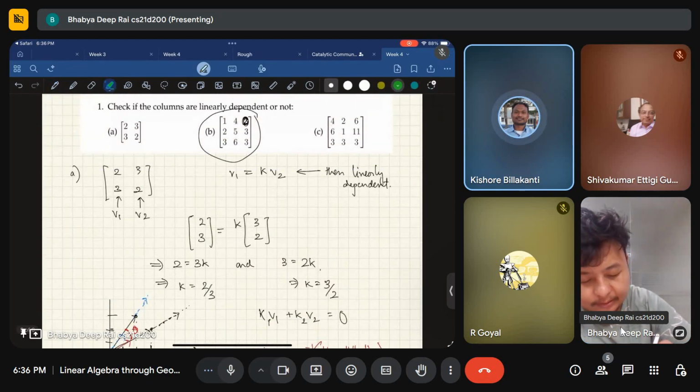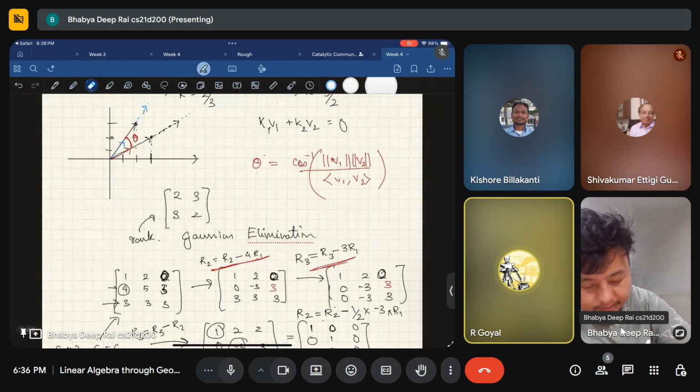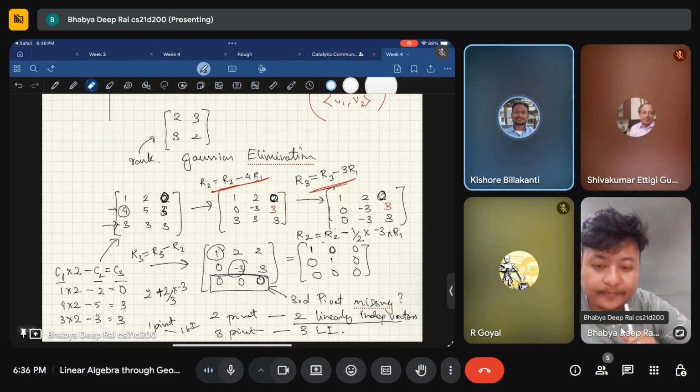We got a matrix, right? Slightly below in the slide. Yeah, this one, right? So by this what we know is there are two linearly independent and one linearly dependent.